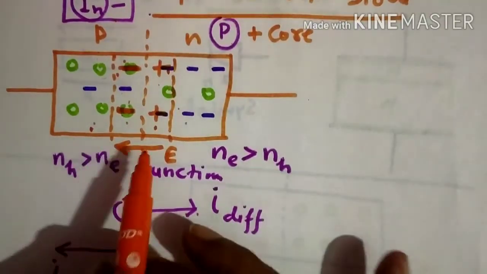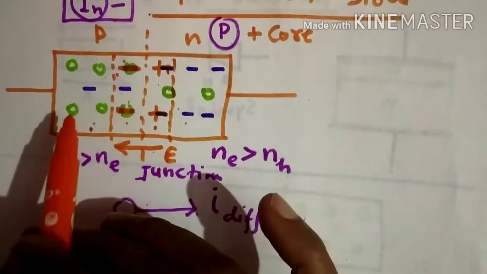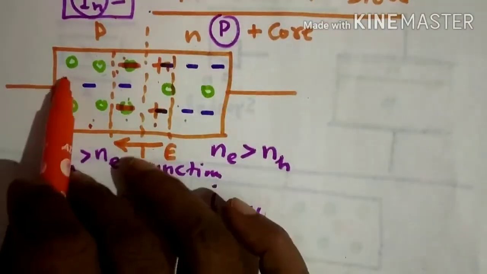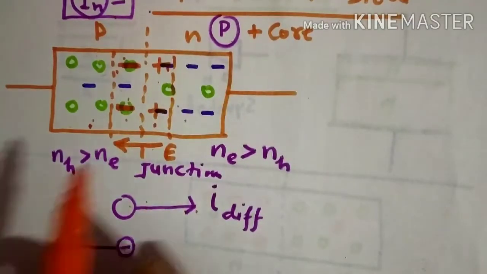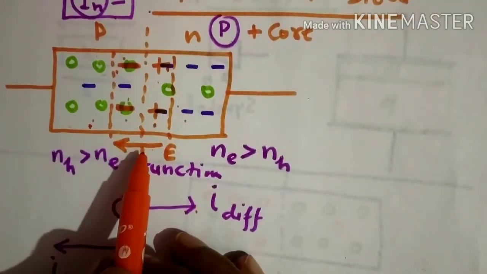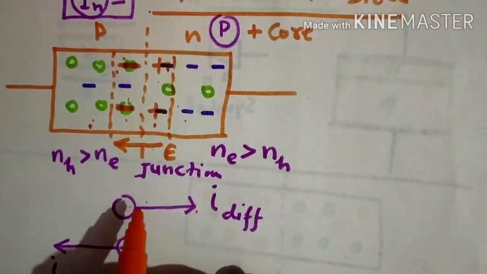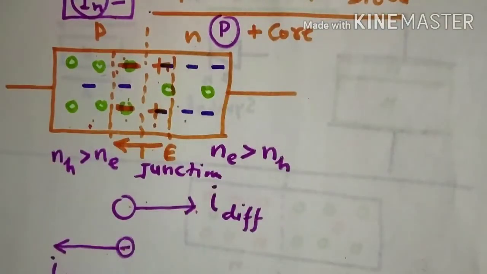As and when this electric field is developed, it starts applying force on the current carriers, the holes and the electrons on both sides. And we know that the electric field applies force on the electron in the opposite direction, whereas on positive charges in the same direction as the electric field.